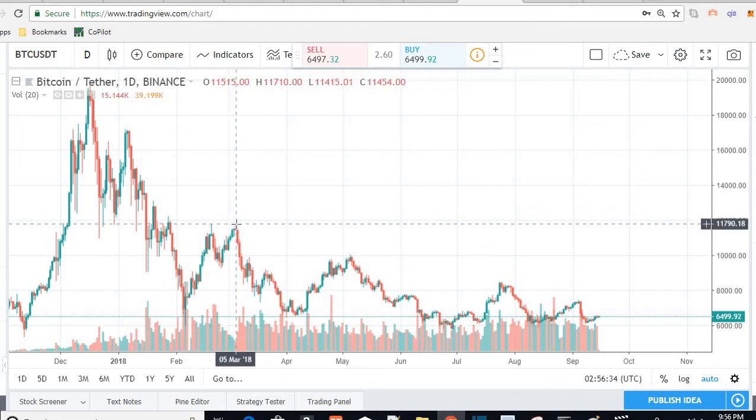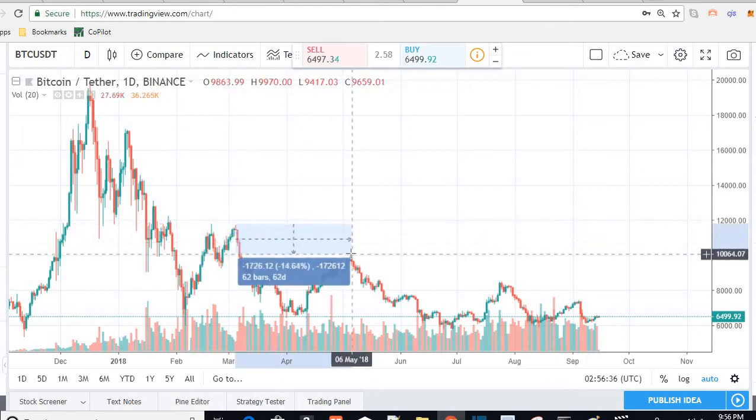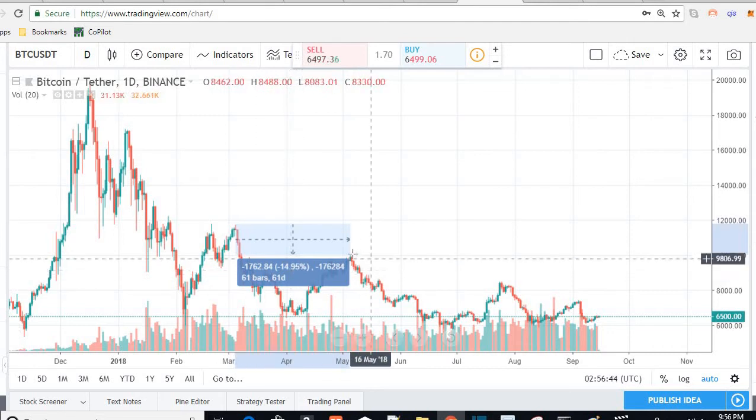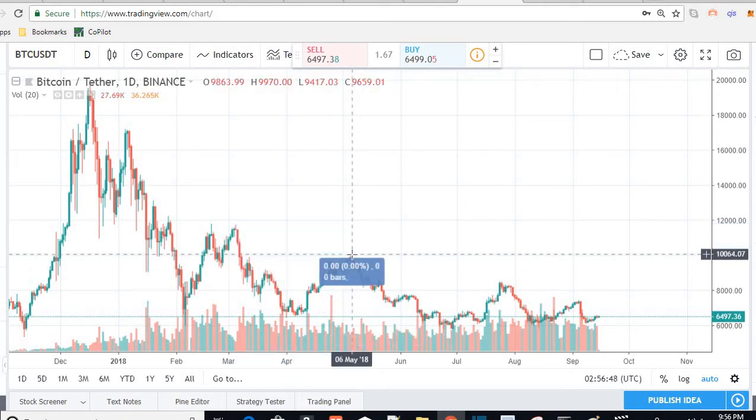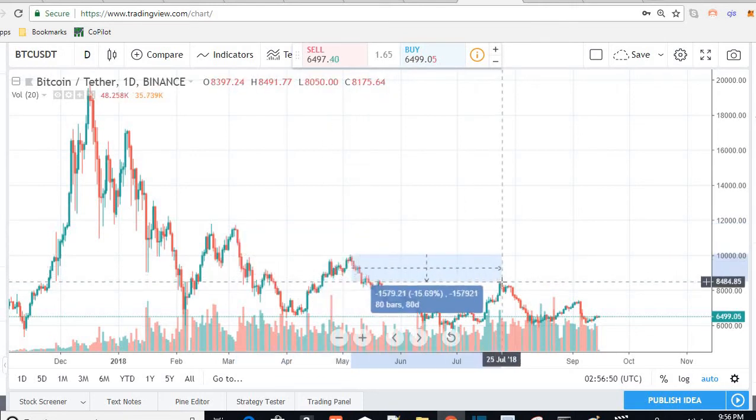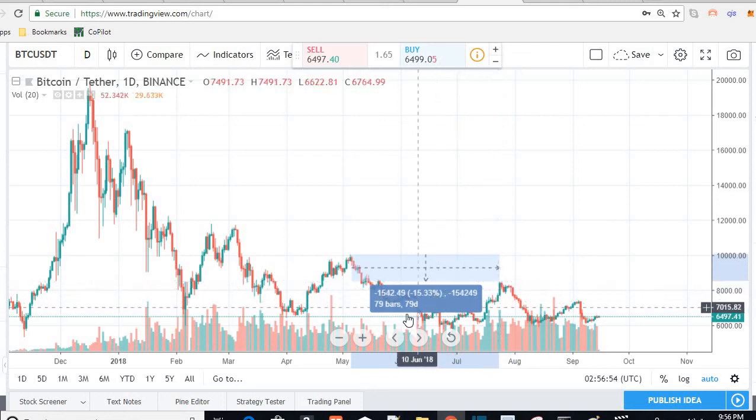We're looking at the peaks here, and here it is. It's roughly 14.95. This is almost 15%. This is pretty much 15%. Let's look at the next one. About 15.33.